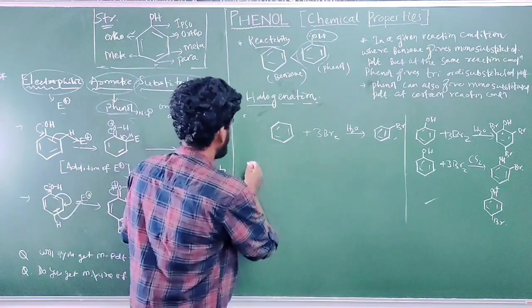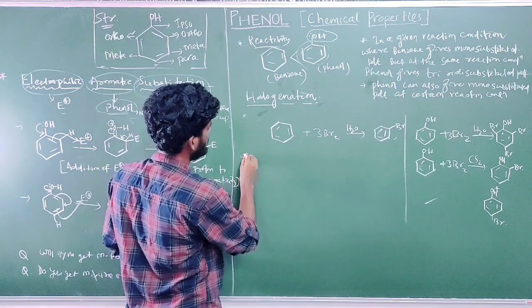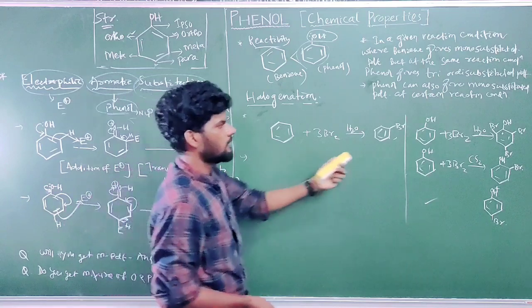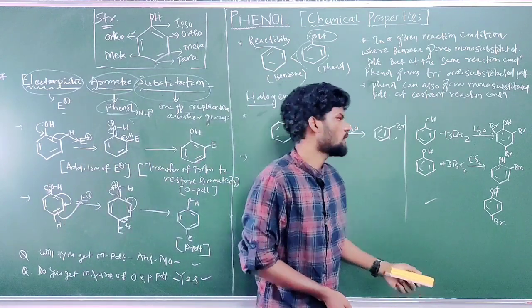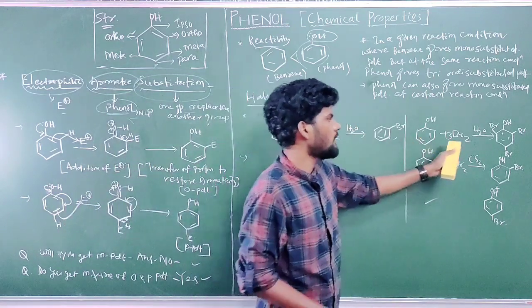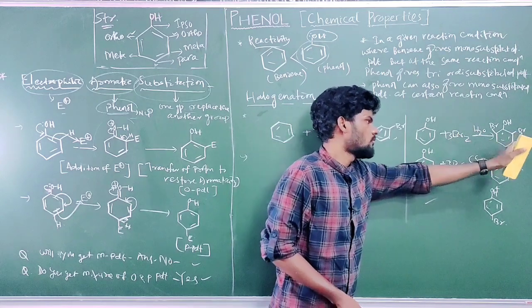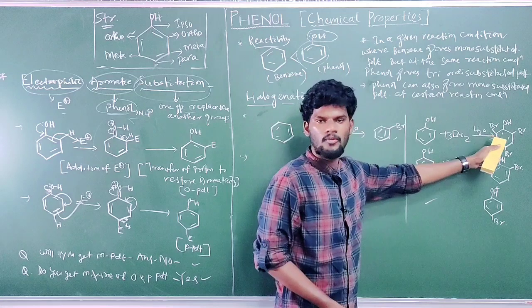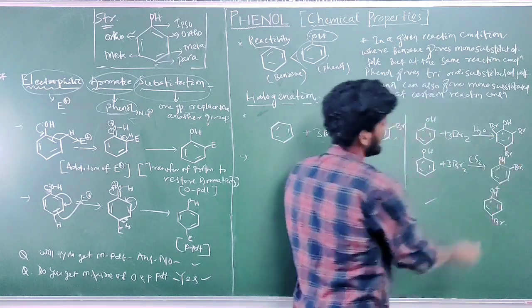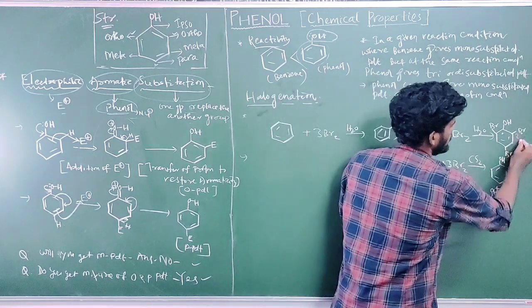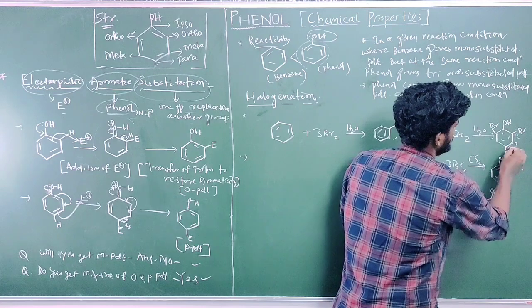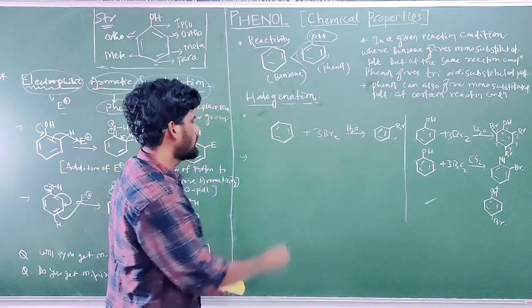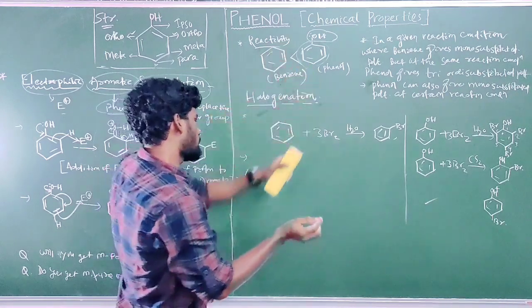So write some points. Write that phenol reacts with bromine. In your own language you can write. Phenol reacts with bromine in the presence of a polar solvent, and we will get the tri-substituted product, tribromophenol. This is tribromophenol, or if you number it as 1 2 3 4 5 6, 2,4,6-tribromophenol. You can write this in the exam also.